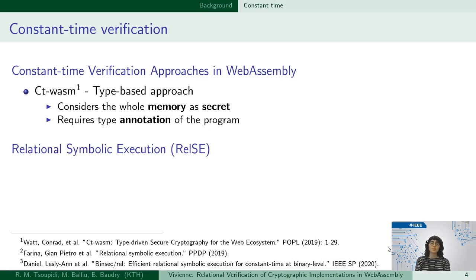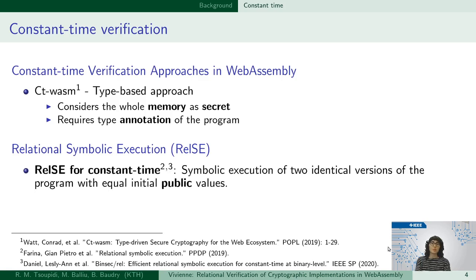Relational symbolic execution is an approach based on symbolic execution that can be used to verify constant time implementations. In particular, we assume the symbolic execution of two identical versions of a program with equal initial public values but different secret values.